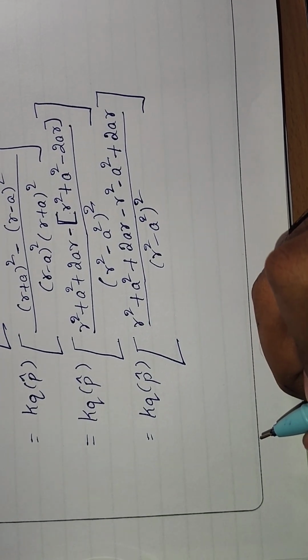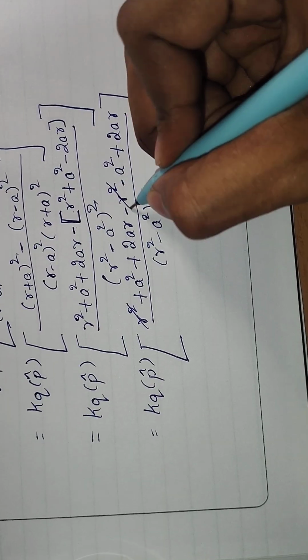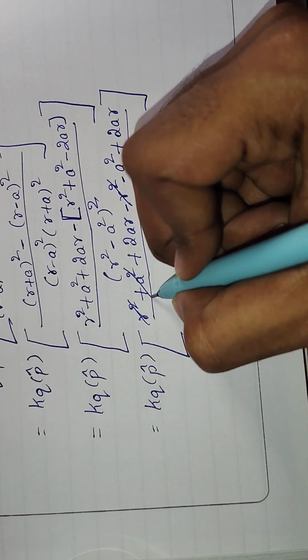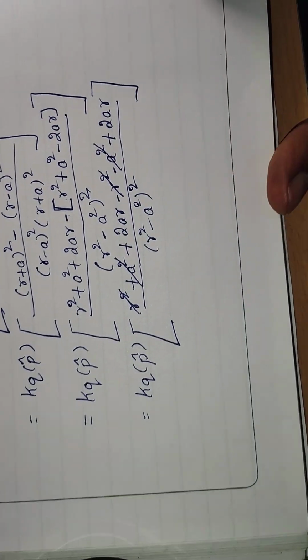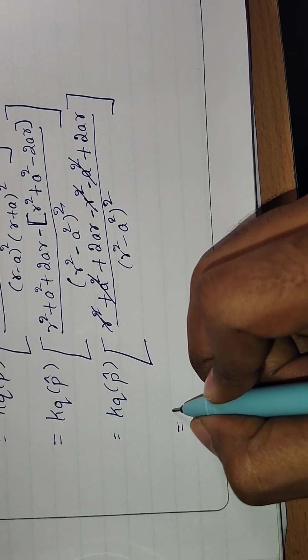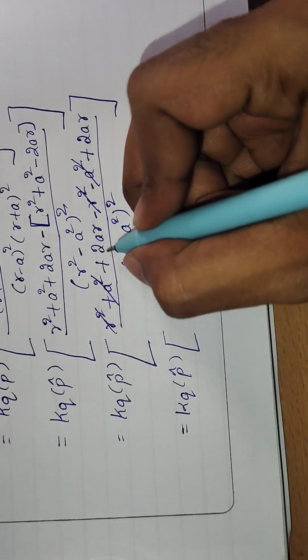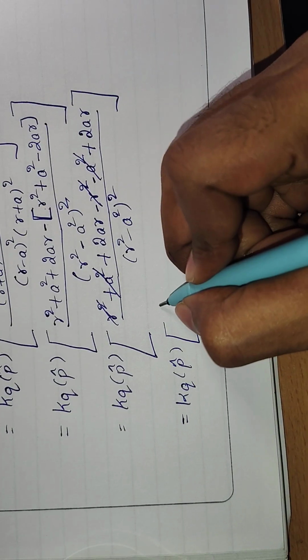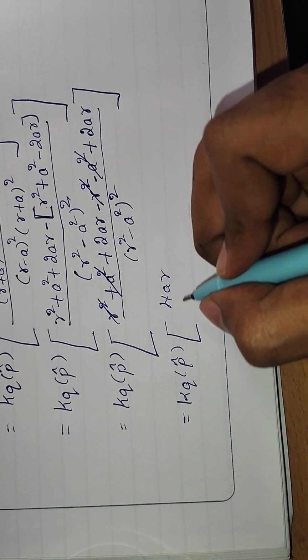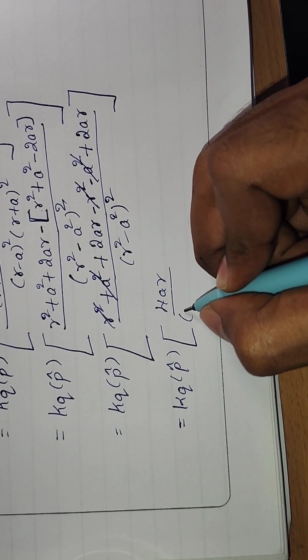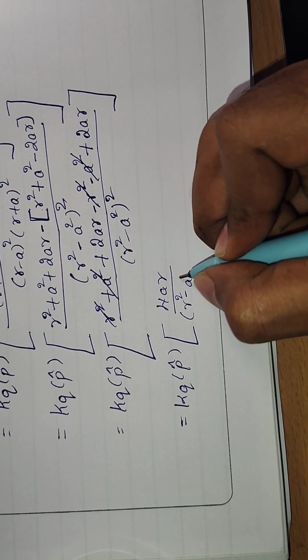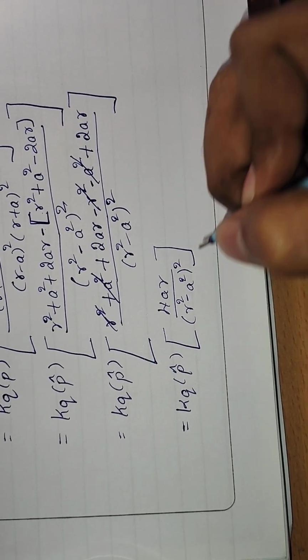Now which terms are getting cancelled? Plus r square minus r square got cancelled, plus a square minus a square also got cancelled. So the remaining term is kq p cap into plus 2ar plus 2ar. I can write it as plus 4ar divided by r square minus a square whole square.